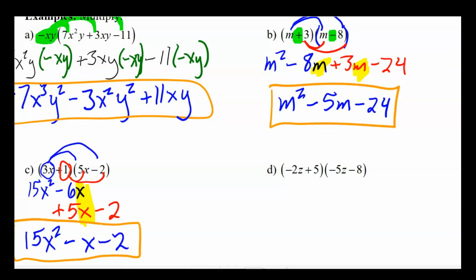Okay, then we have some people where there's just a lot of processing. You've got a lot of stuff going on. So this particular strategy of distribution, this is your standard strategy, is a little confusing. So then we have a whole secondary strategy, which is called the box method. In the box method, essentially you draw a box.